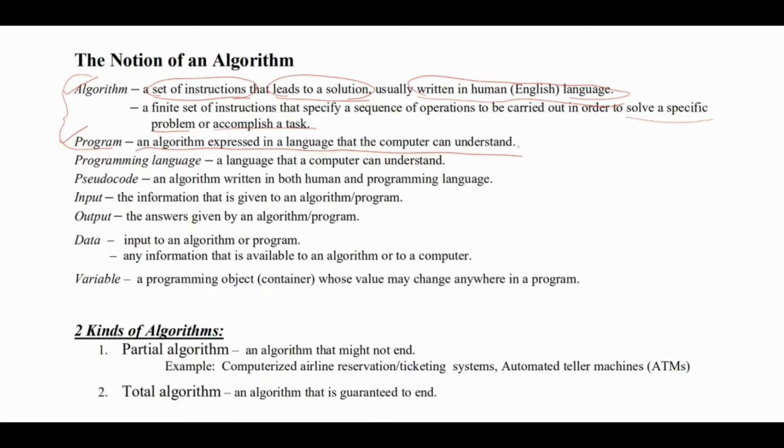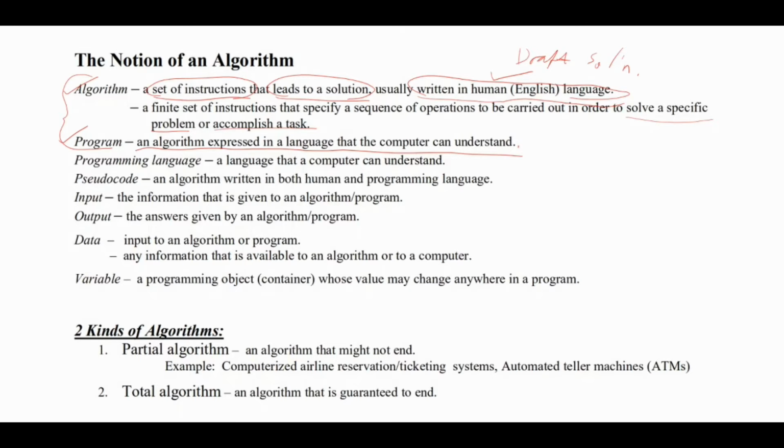And maybe if the programmer is an American, then he would write the algorithm using the English language. So algorithms are written in human language because this is simply a draft solution to the problem.